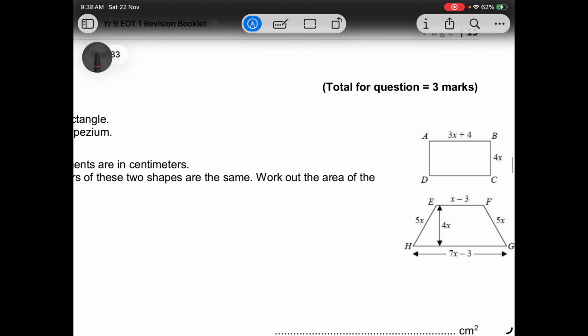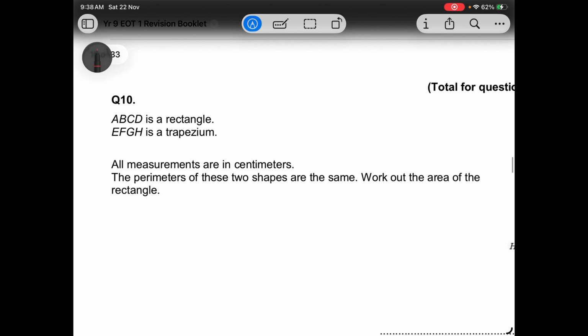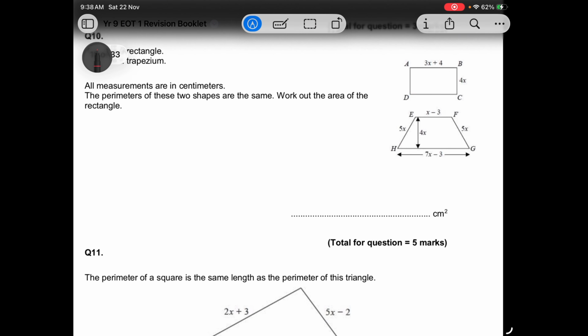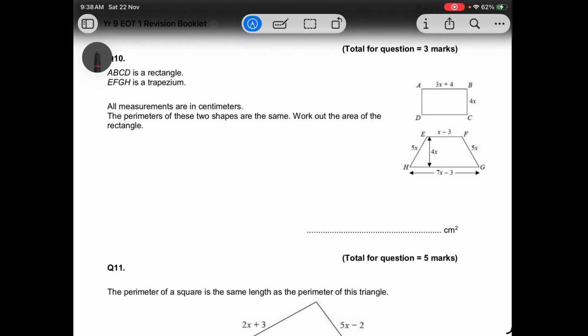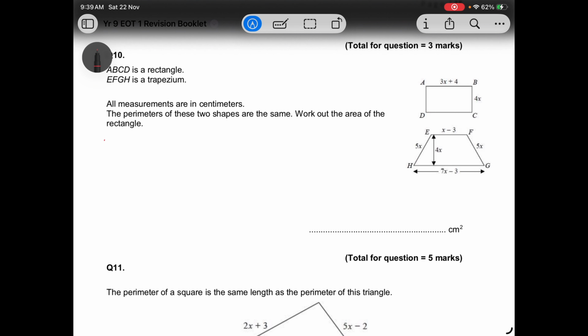Yeah, so we need the area of the rectangle. In this problem, guys, let us break it down into smaller pieces. So let us firstly admit, students, that the area of the rectangle, and I will call it A, equals the length times the width.